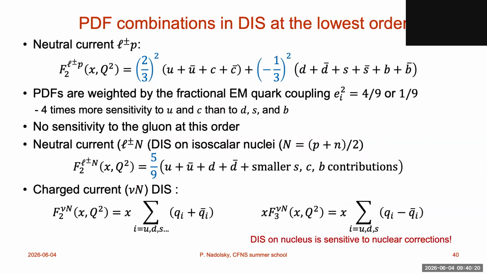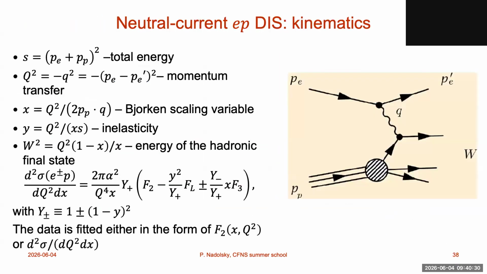Now, these data sets are not sufficient for measuring the structure, and you can quickly see why. Imagine we look at the picture of deep inelastic scattering at leading order. In this case, our boson couples to quarks and antiquarks.